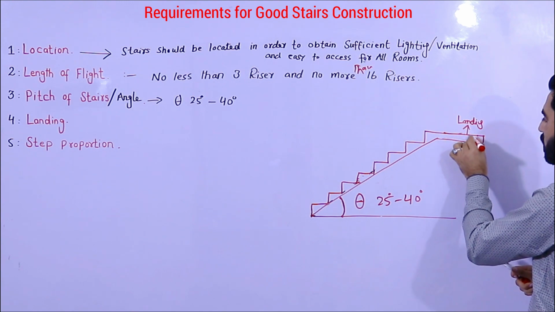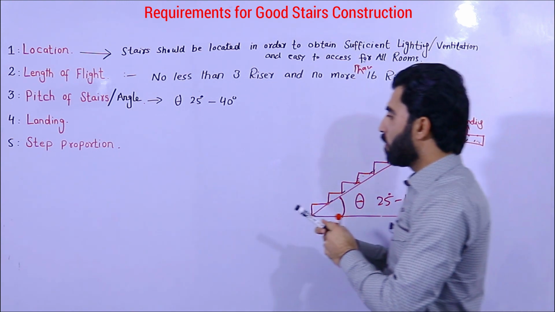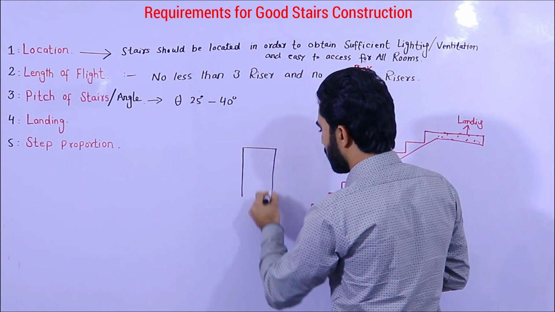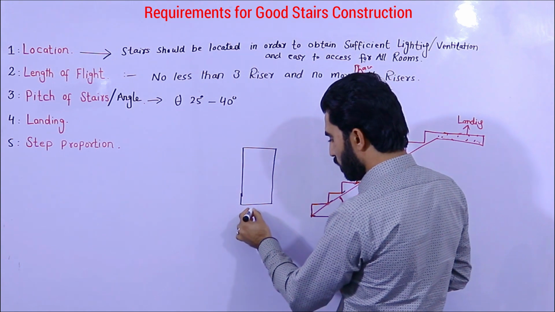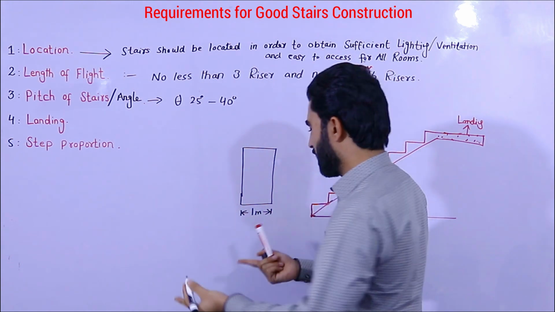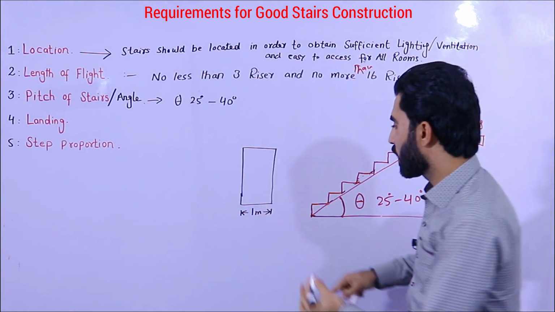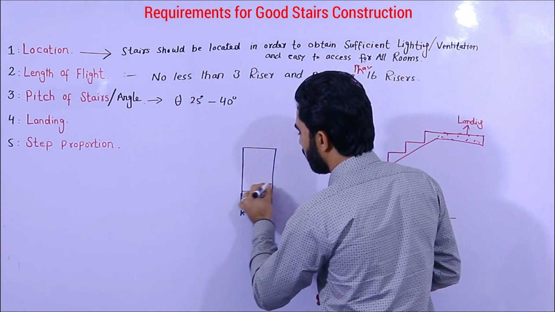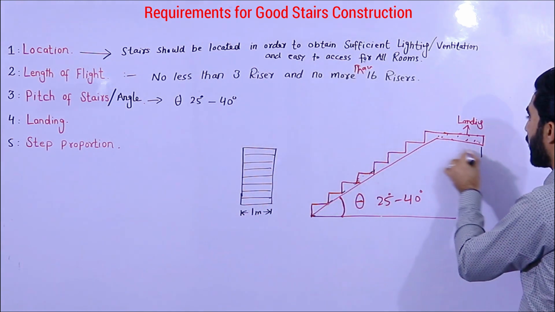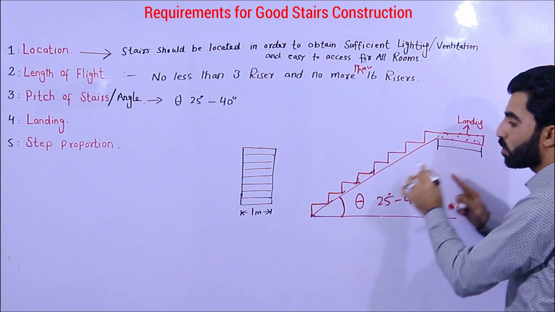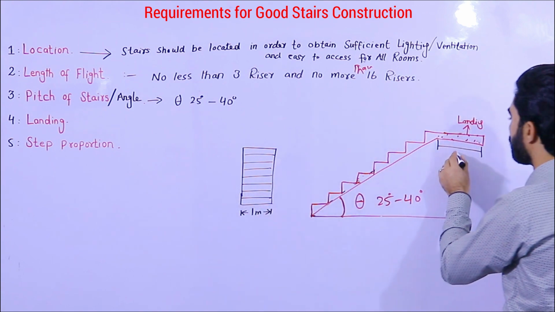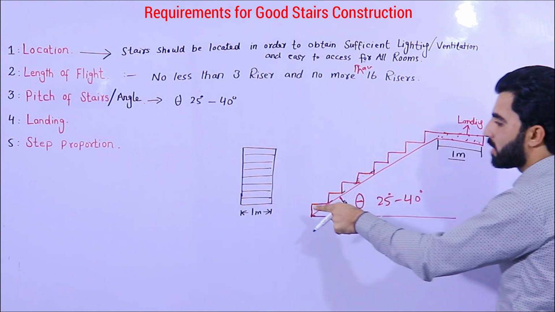Remember guys, for example, if the width of stair is 1 meter, or 3 feet, or 3.5 or 4 feet, anything, this is the width of flight. The width of the landing should not be less than the width of stairs, the width of flight. So it should also be 1 meter, not less than this.